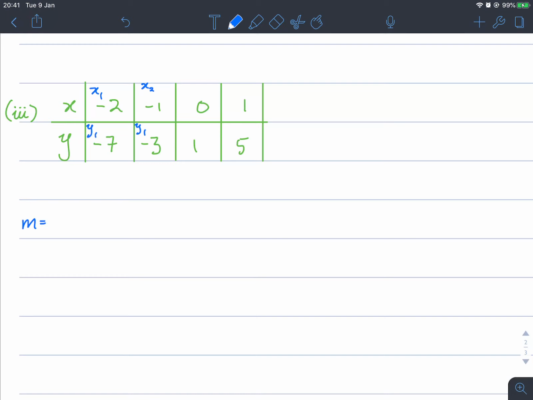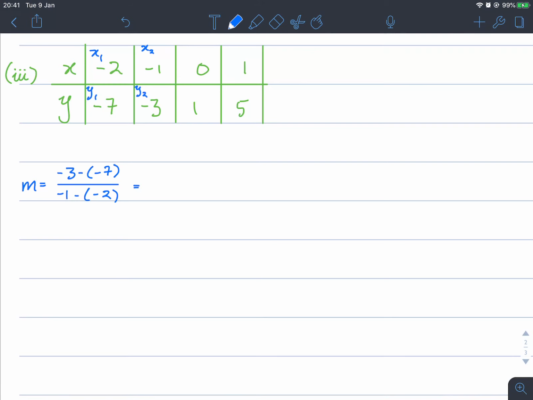m is equal to, sorry, this should be y2 minus y1, so negative 3 minus negative 7, because y1 is negative 7, all over x2, negative 1 minus negative 2.